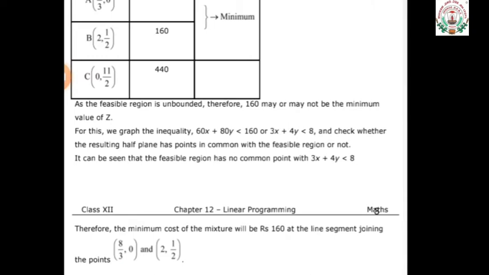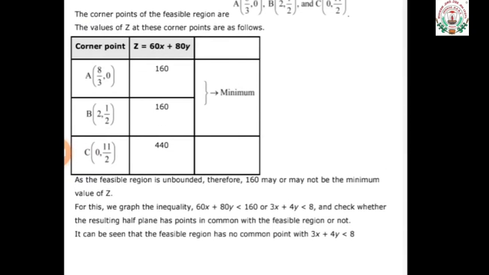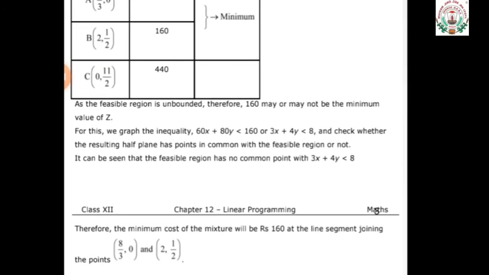So the resulting half plane has points in common with the feasible region or not. It can be seen now the cost is minimum at the point 8 by 3, 0 and 2, 1 by 2. So it can be seen that the feasible region has no common point. There are too many points, not one common point.